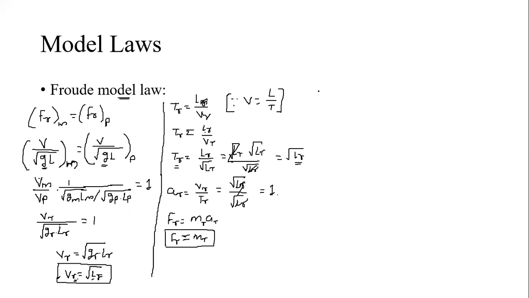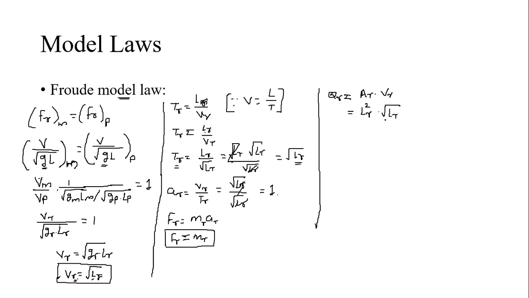And lastly, the discharge scale ratio. What is discharge for us? Discharge is nothing but area into velocity. So Qr is equal to Ar into Vr. Ar is the square of the length, that is Lr square, which we know from the geometric similarity. So Ar is Lr square into Vr, which for this case is root Lr.